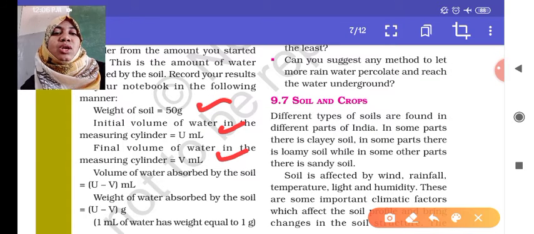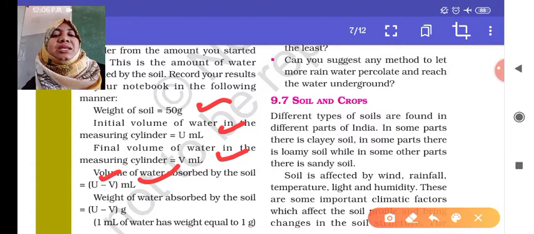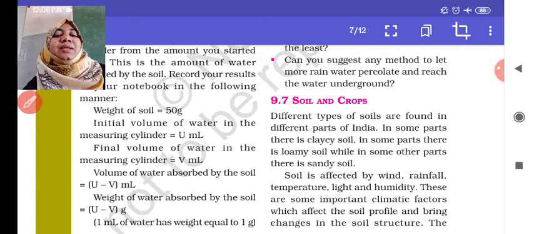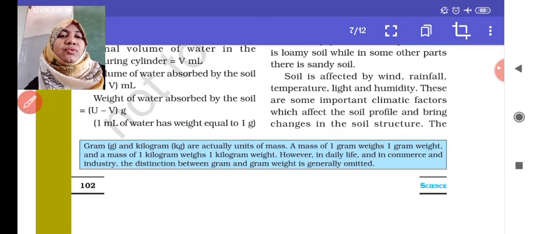So the volume of the water absorbed by the soil is U minus V. Next, the weight of the water absorbed by the soil is also U minus V, because 1 ml of water has a weight equal to 1 gram. 1 ml means 1 gram.